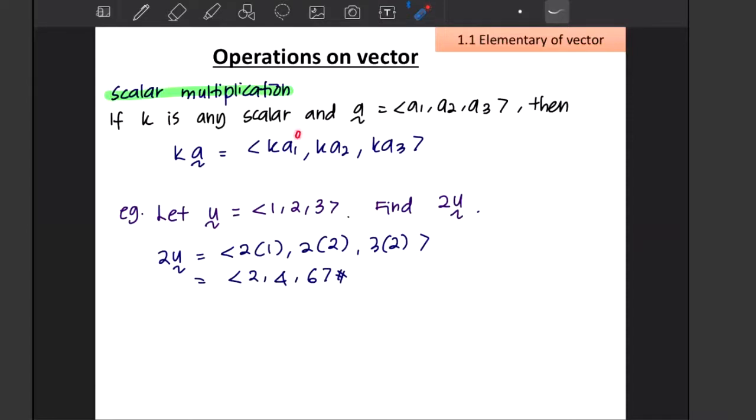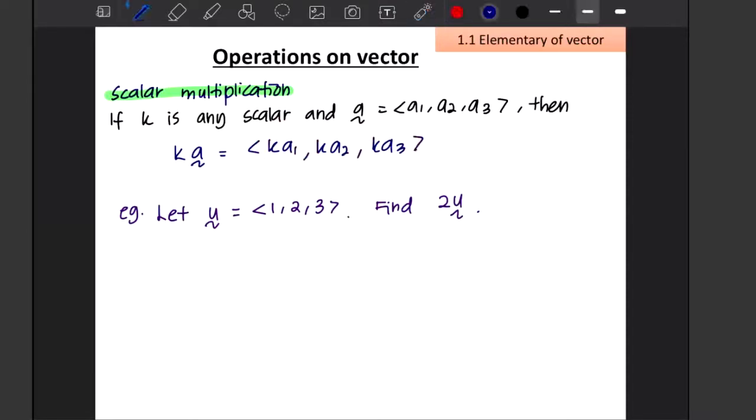Just multiply all the components by k. If we want to find 2u, 2u equals 2 times 1, 2 times 2, and 2 times 3. So, look at how I write the vector. This one is for the vector: 2, 4, and 6.